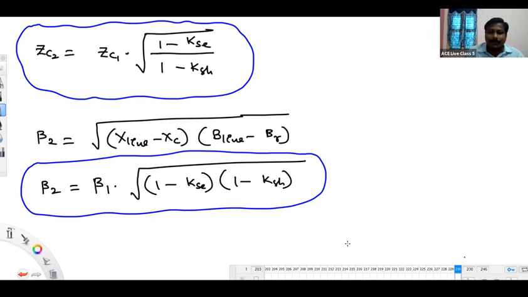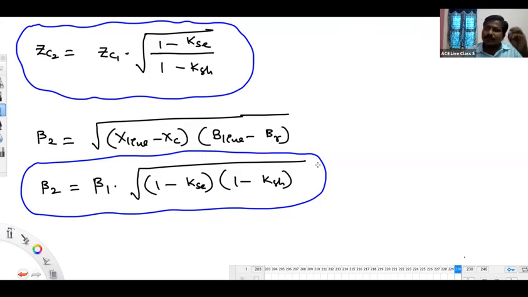But now we are discussing a term like distributed compensation, providing the compensation throughout the length of the transmission line. But anyhow, most practically, lumped compensation will be used.